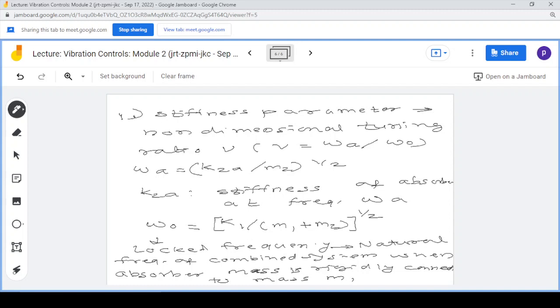So we can see that this stiffness parameter is expressed in terms of the non-dimensional tuning ratio.